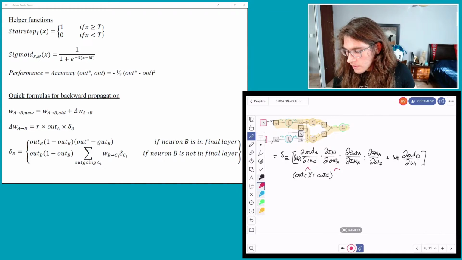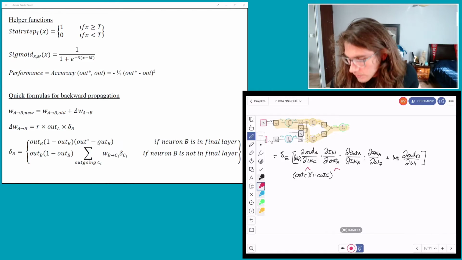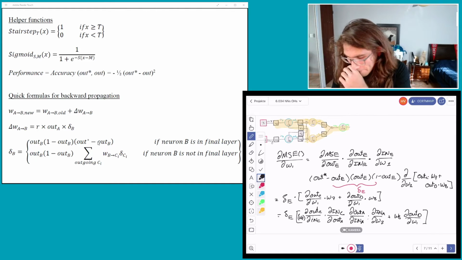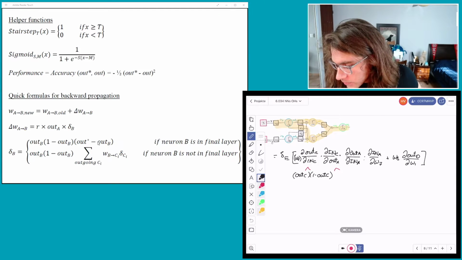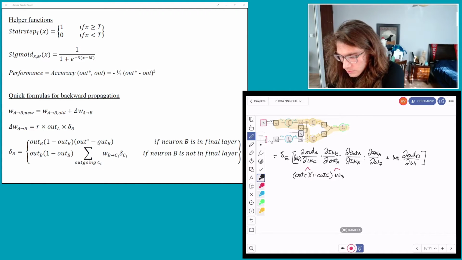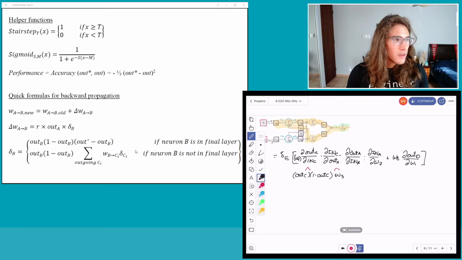This is in C with respect to out A. This is W3, because in C is equal to out A times W3, so the derivative with respect to out A is just W3. And then out A with respect to, well, before going there, let's take a look again at the equation.